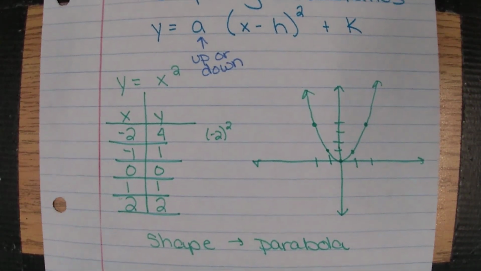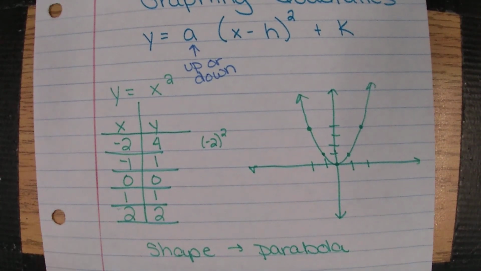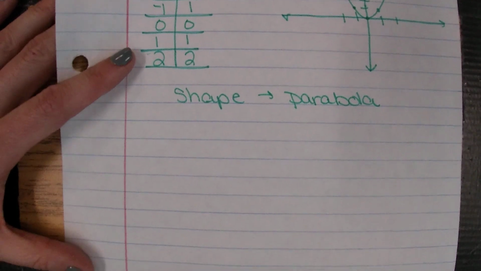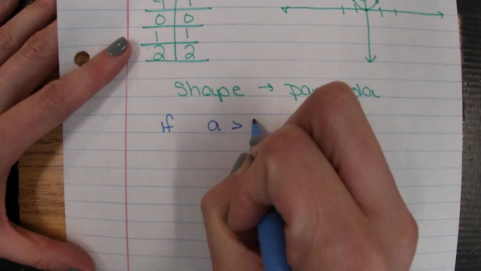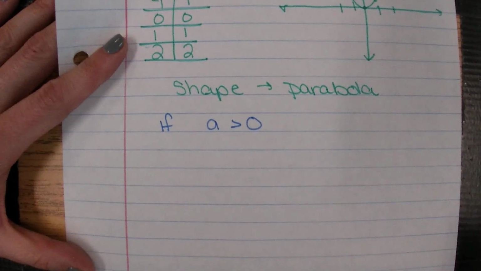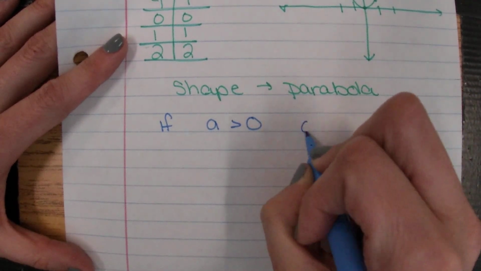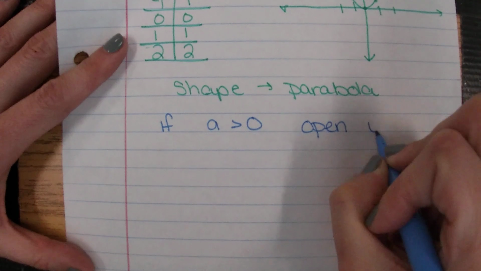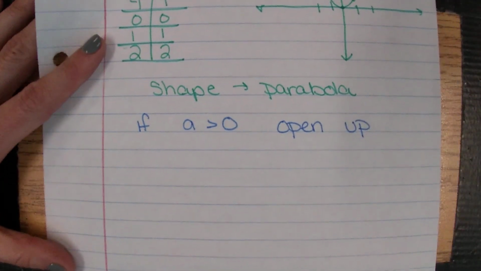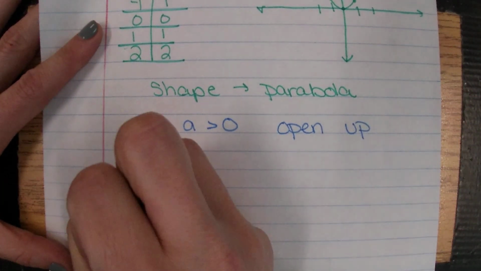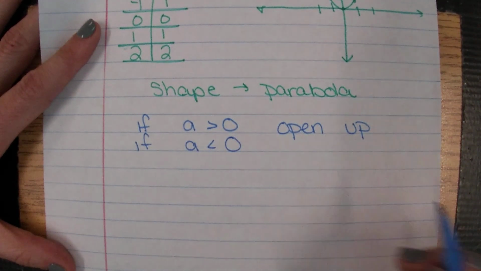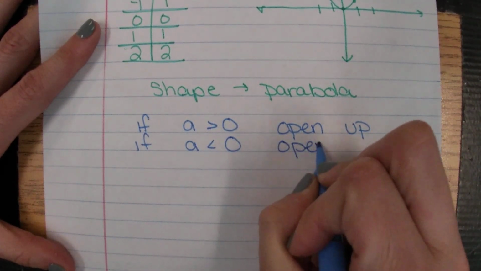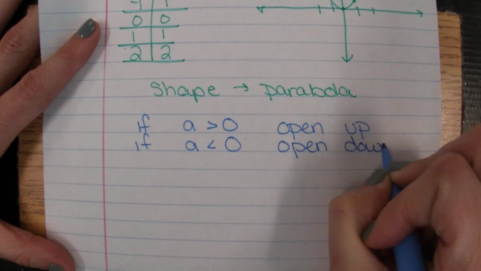Okay, if a is positive, so greater than 0, then the parabola is going to open up. Okay, if a is negative, which means it's less than 0, then the parabola is going to open down.